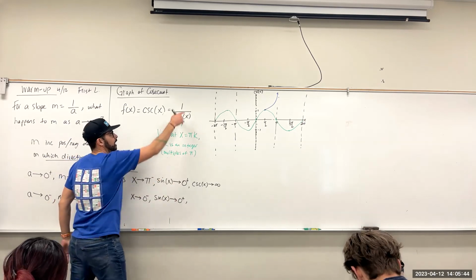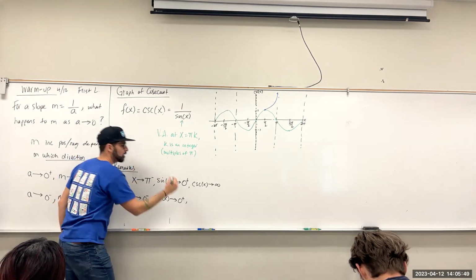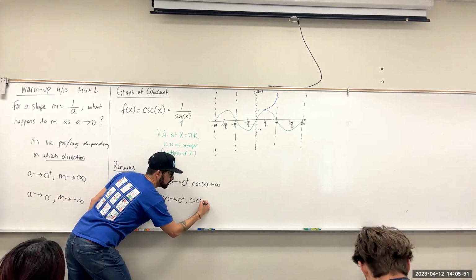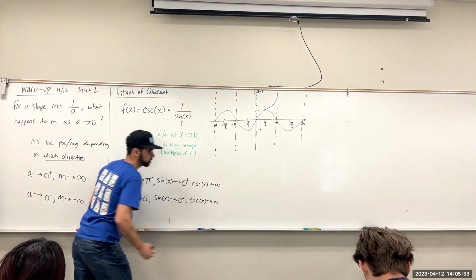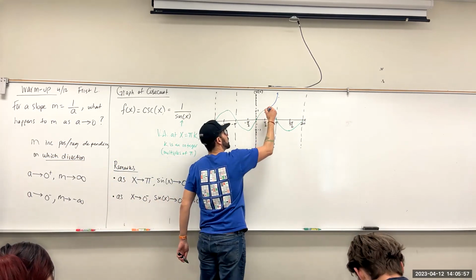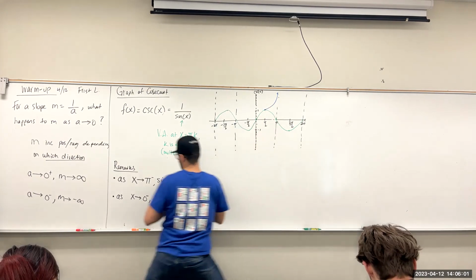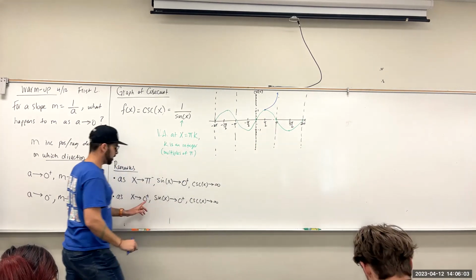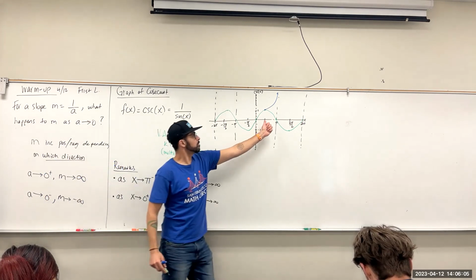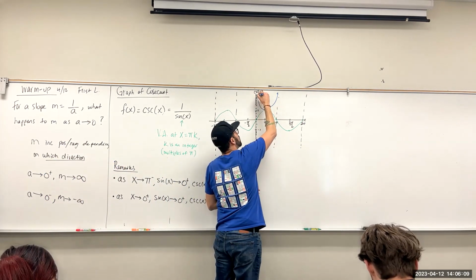So therefore, I have 1 over something approaching 0 from positives, so again, cosecant goes to infinity. So then that's going to force this side, as I approach 0 from the left, oh, from the right, I apologize. I'm approaching 0 from the right, cosecant also goes up.